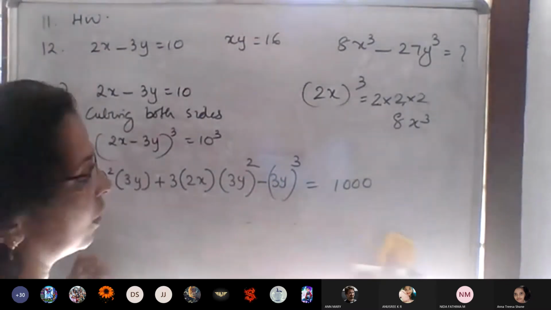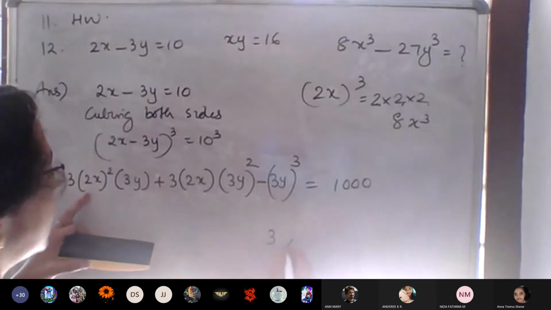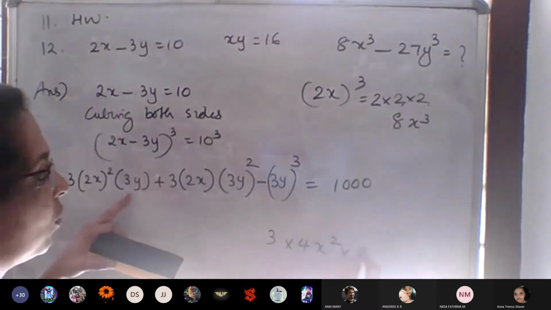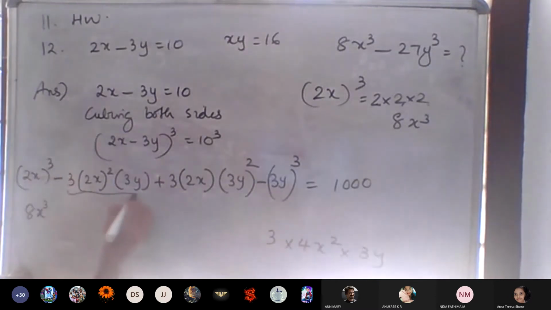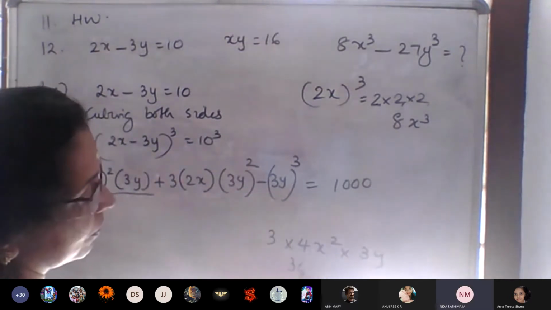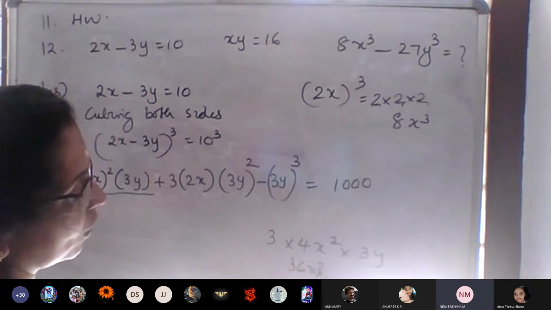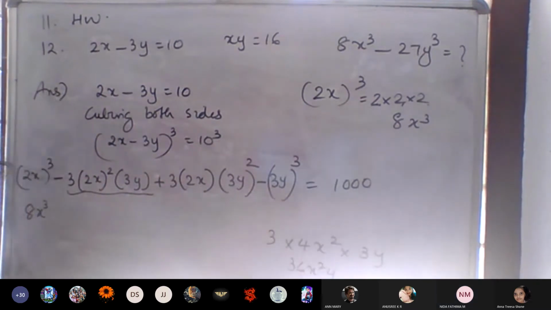Then 3 into 4x square into 3y, so 12 into 3, 36x square y. Any doubt in this solving? Clear?